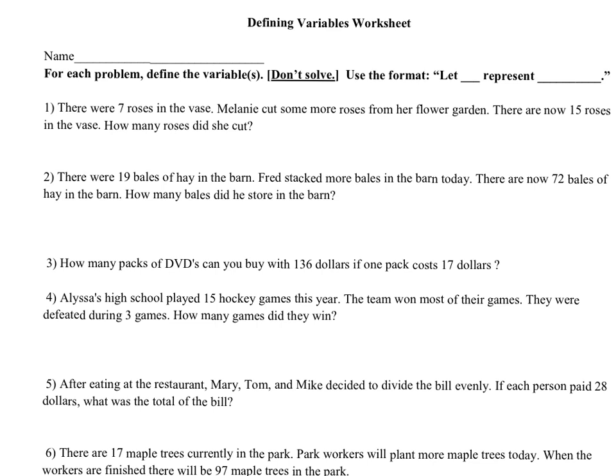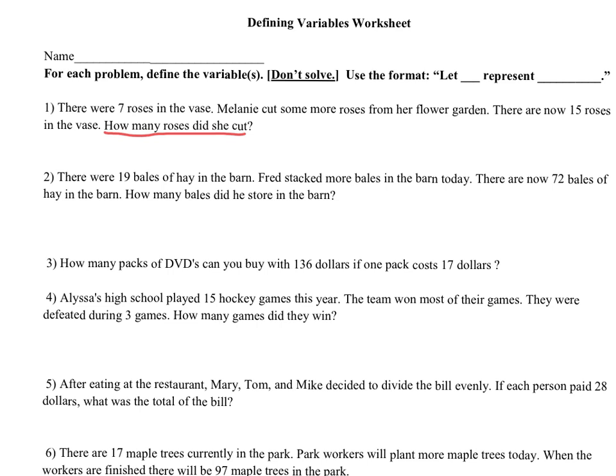Some problems like this one actually directly have a question of what it is that you're trying to find, and that we're going to make into our variable that we're going to define. So since the question is, how many roses did she cut, we know that's what we're trying to find, and so that is what we're going to be using for defining our variable.